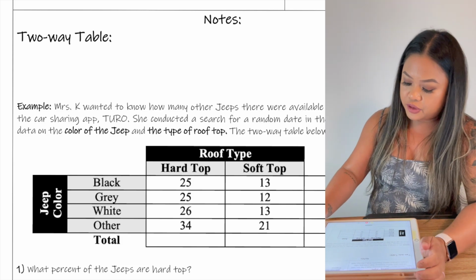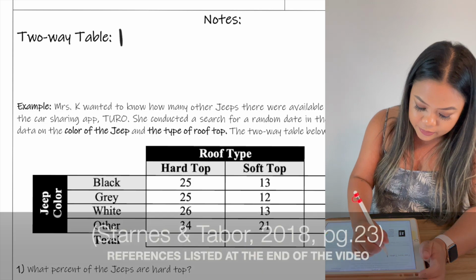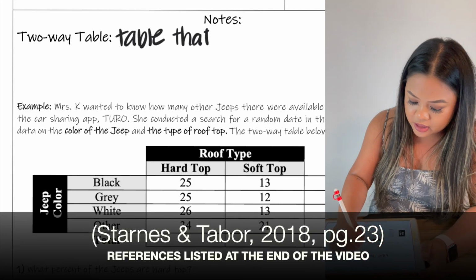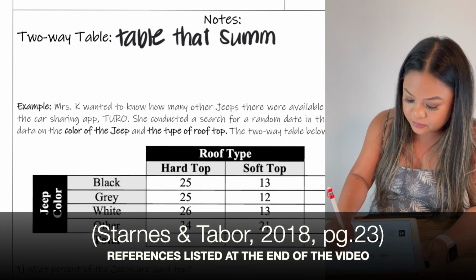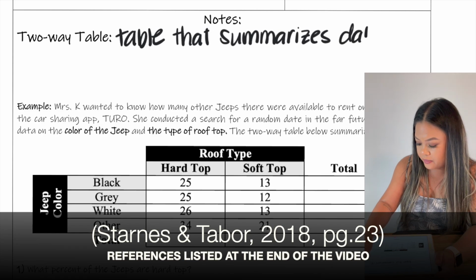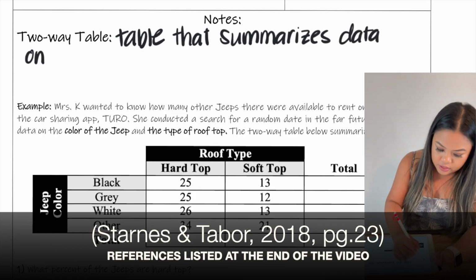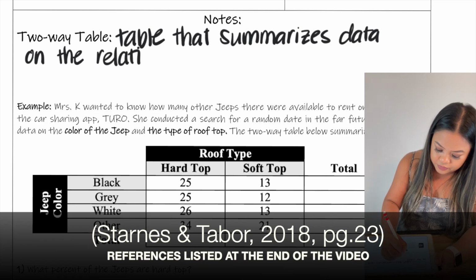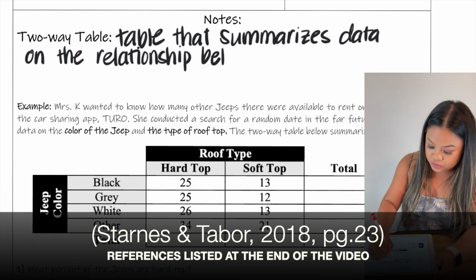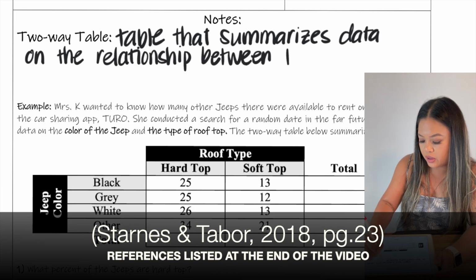And the definition for a two-way table is a table that summarizes data on the relationship between two categorical variables.